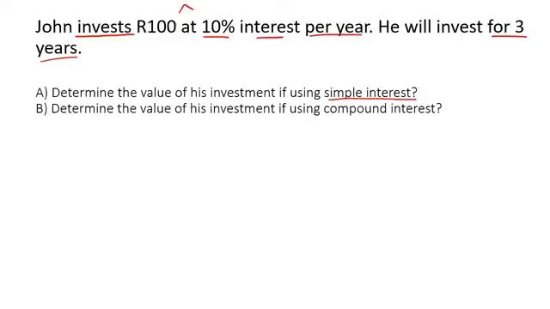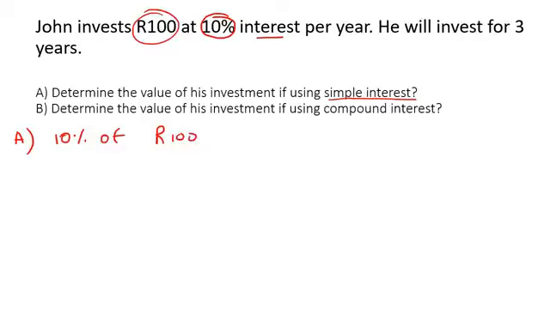Okay, so all that you're going to do for simple interest, so this is for question A now, is you're just going to work out what is 10% of 100 Rand. Now remember, of means multiply. Now there's different ways of working out 10% of 100. You could just type in 10%.